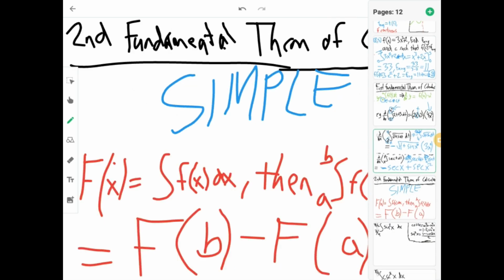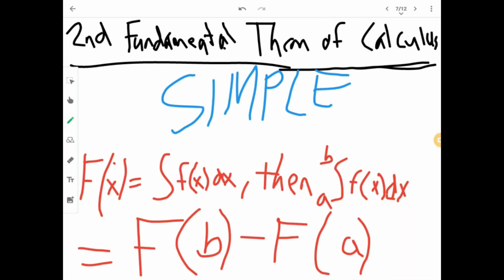Next one, the second fundamental theorem of calculus. This is basically very simple. It's what we did. So it basically defines what a definite integral is. So if you have a function capital F of x, which is the integral of the small function f of x without any bounds, so you're going to have plus c, then the definite integral with bounds a and b of f of x is equal to capital F of b minus capital F of a.